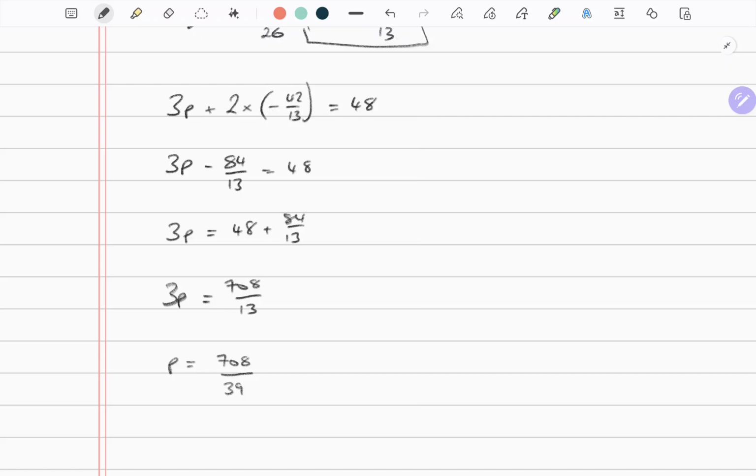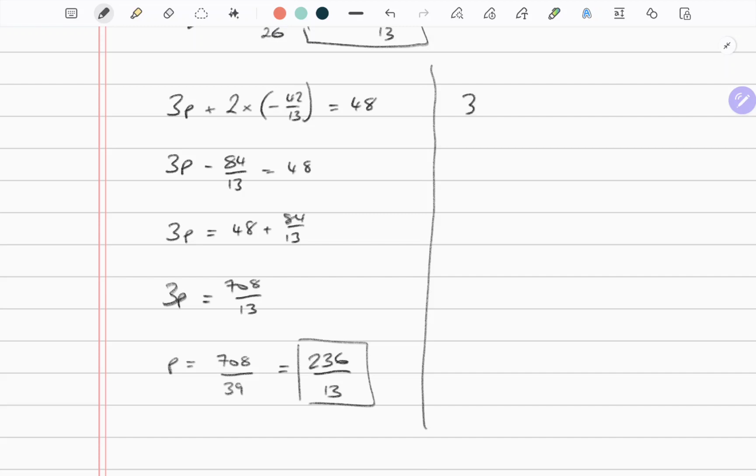We could simplify this a little bit further, giving 236 over 13. So that's your value for p there. We can do a bit of a check. We can plug those numbers into either of the equations. So just create a little bit of space down here.